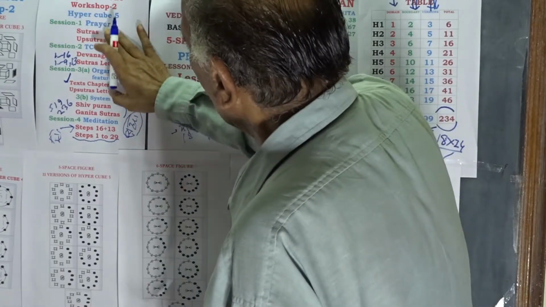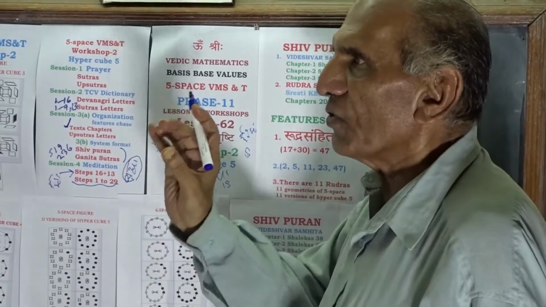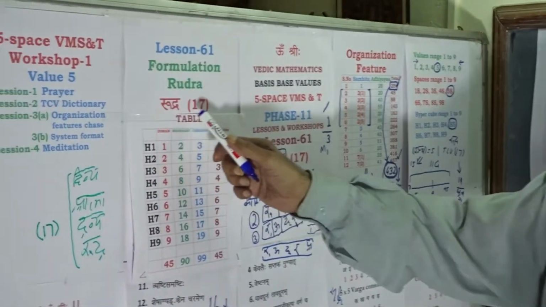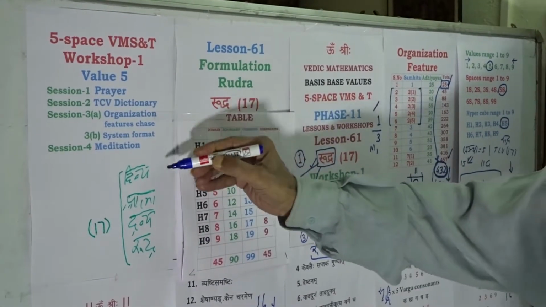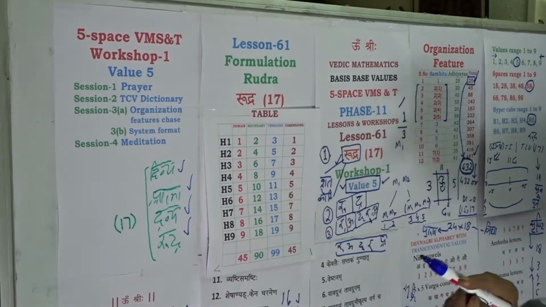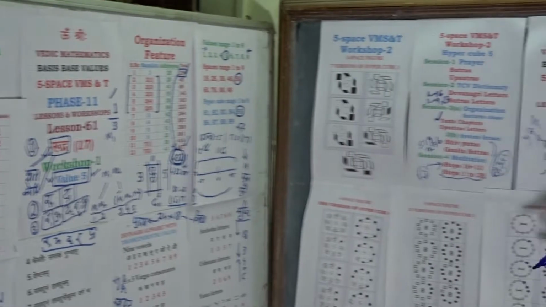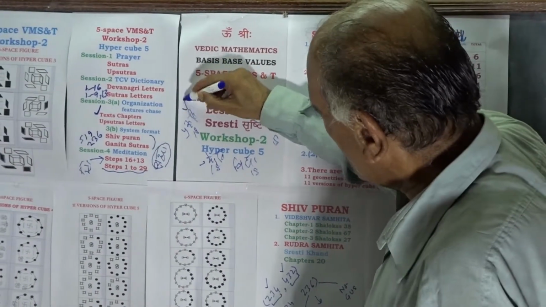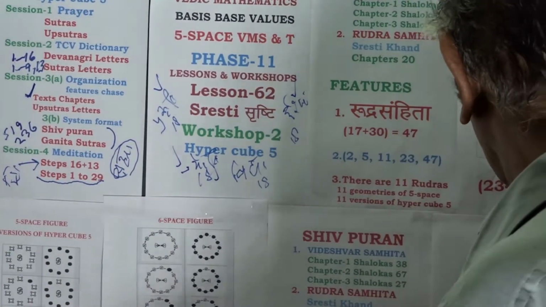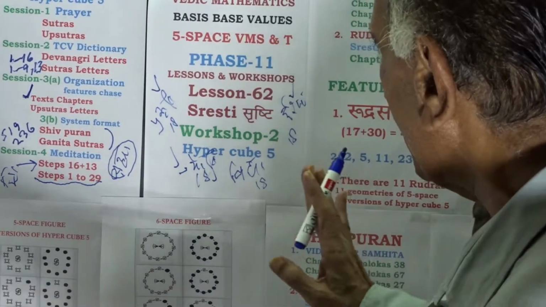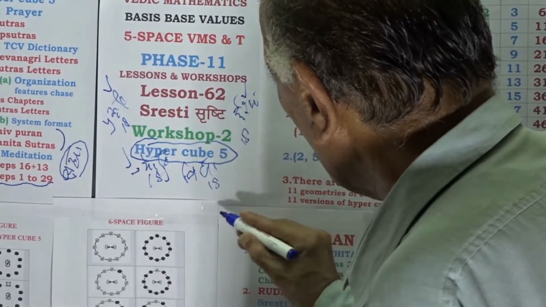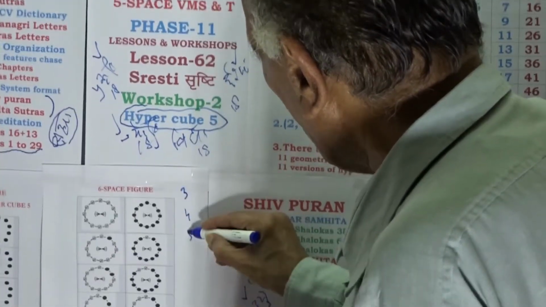Therefore, while we will be compiling our TCB dictionary with focus at value 18, previously our focus upon formulation Rudra with formulation 17 has given us Divya, Atma, Dravya, Rudra, Punra, and like that we had reached. Today with value 18 we will be reaching at Prakriti, Jyoti, Vidya, Ishwar, and then the Srishti. So these all are there, and as our focus is upon hypercube 5, then we know hypercube is what? It is 3, 4, 5 and 6.